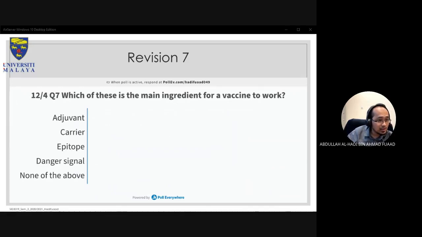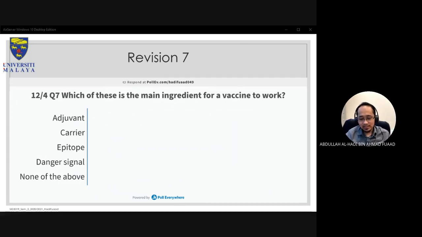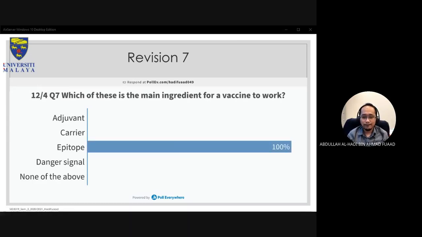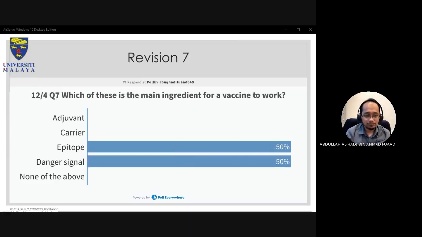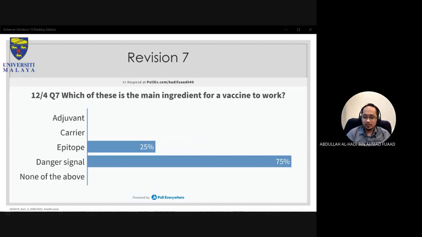Now question number 7. Which of these is the main ingredient for a vaccine to work? An adjuvant, a carrier, epitope, the danger signal, or none of the above? Okay, which one of these is the main ingredient for a vaccine to work?